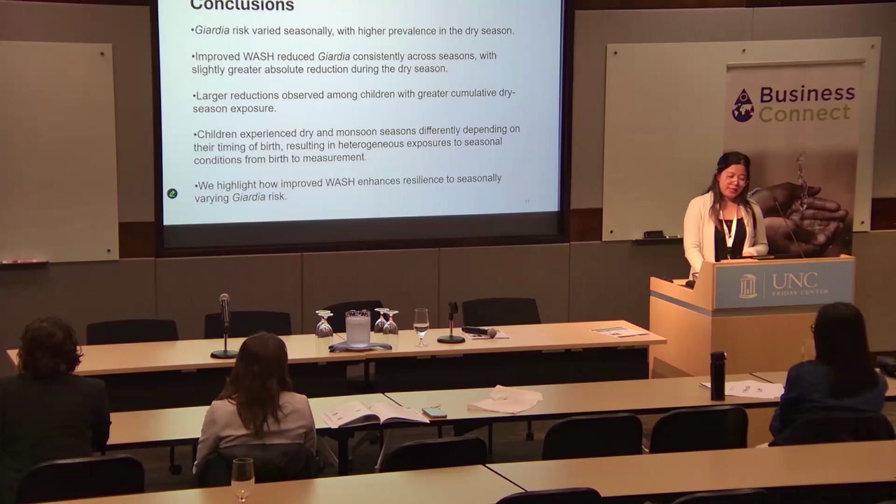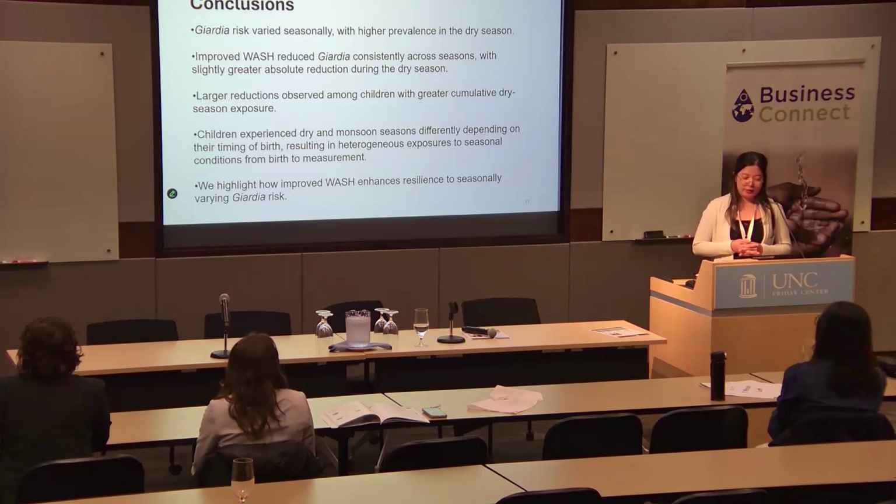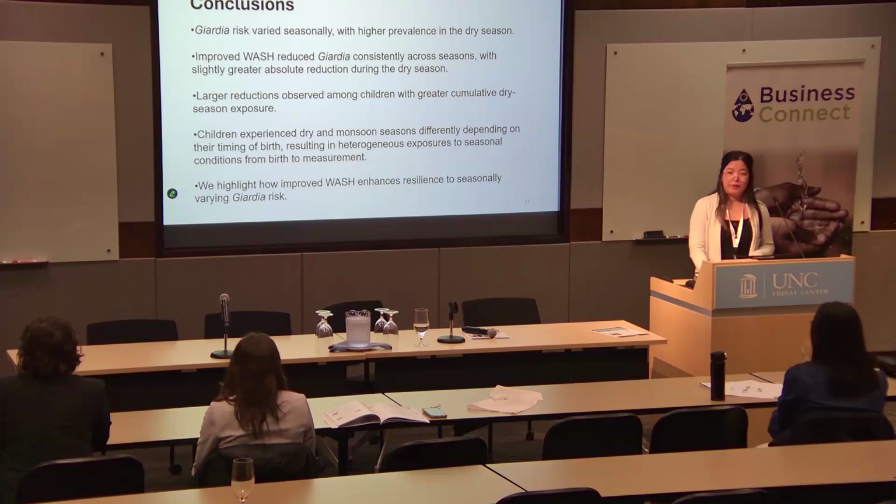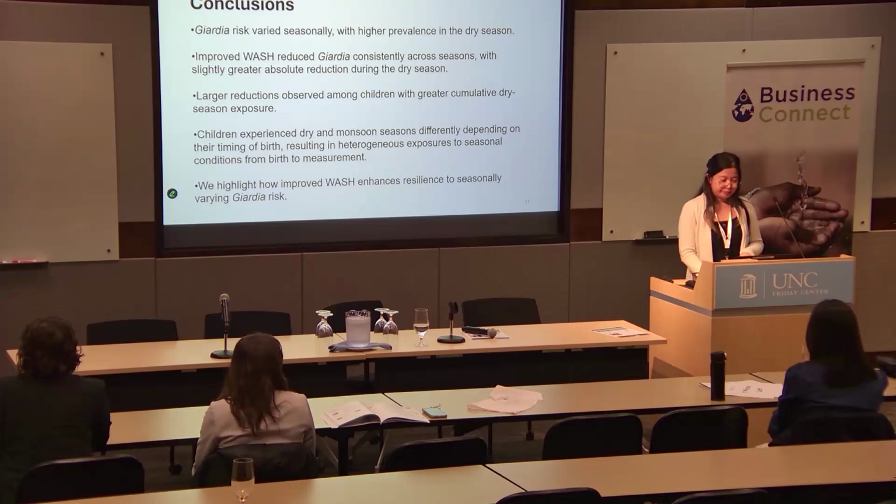And fourth, children experience dry and monsoon seasons differently depending on the timing of their birth, which led to varying exposures to seasonal conditions. And lastly, our findings highlight that WaSH enhances resilience to seasonally varying infection risk.